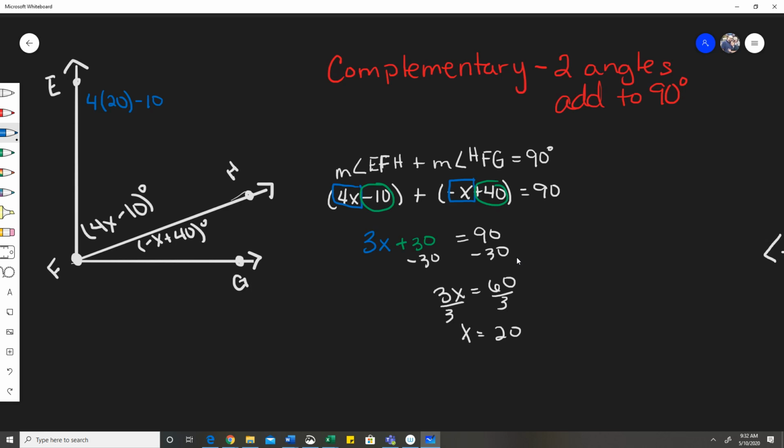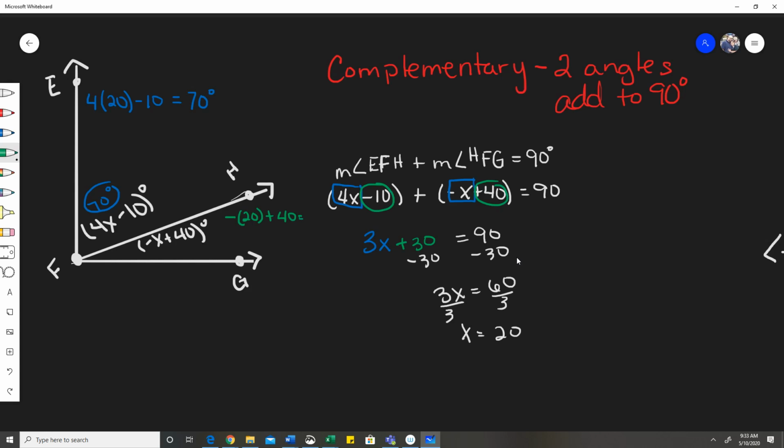So 4 times 20 is 80. 80 minus 10 is 70. So this angle is 70 degrees. Now when I come over here to do HFG, it is negative 20 plus 40.